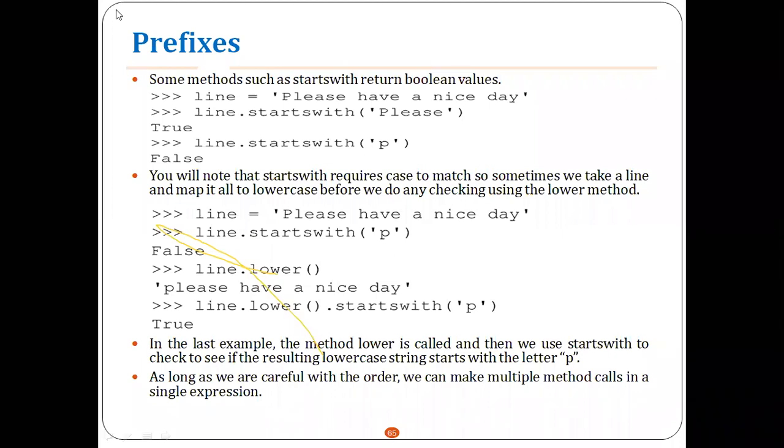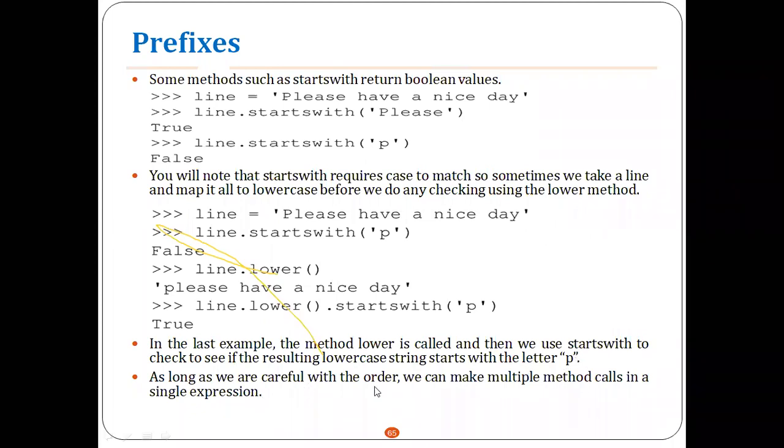Then it applies the function, or searches for the given character with startswith. In the last example, the method lower is called, and then we use startswith to check to see if the resulting lowercase string starts with the letter p or not.